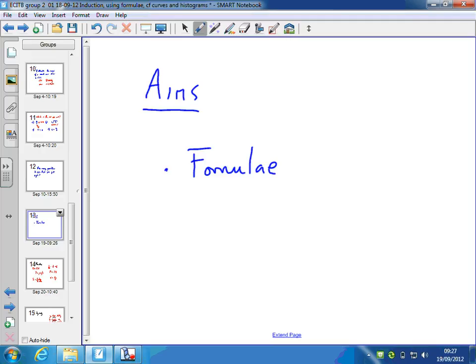But initially, I want to just look at using formulae. So putting in large numbers, putting in small numbers, what do you do about the accuracy, stuff like that.